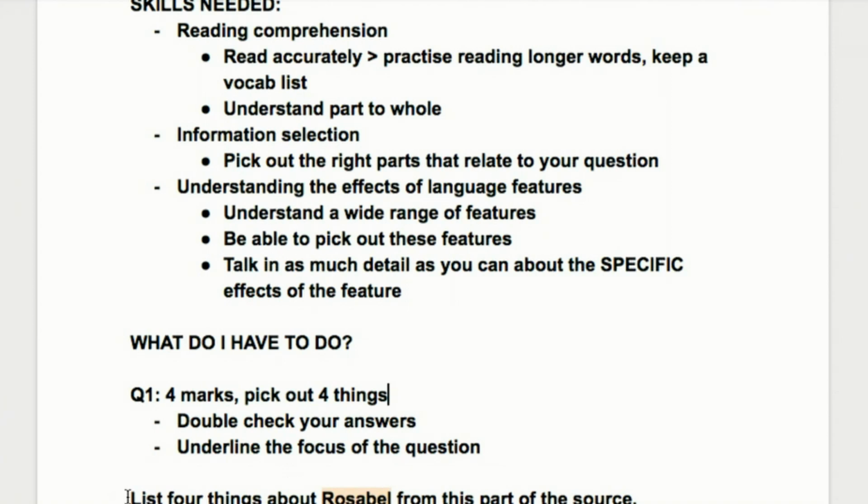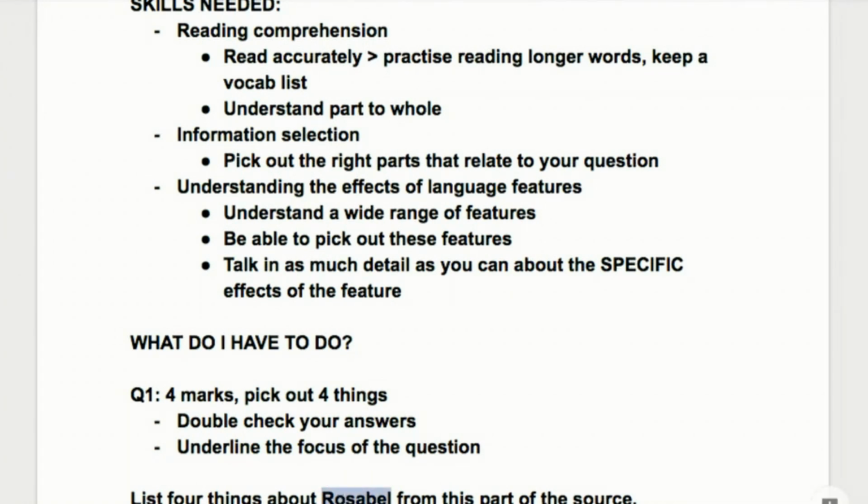So it says list 4 things, but we know that already because that's what we have to do for this question. About is just telling us what it's going to be about, so it's not really a focus. And then from this part of the source just tells us we need to look at the insert in front of us. So we know that already as well. So the only thing that's really important that we really don't want to miss is this word Rosabelle, the character Rosabelle.